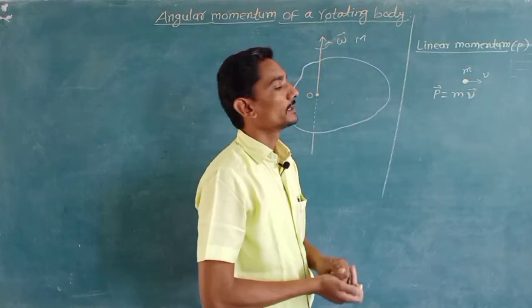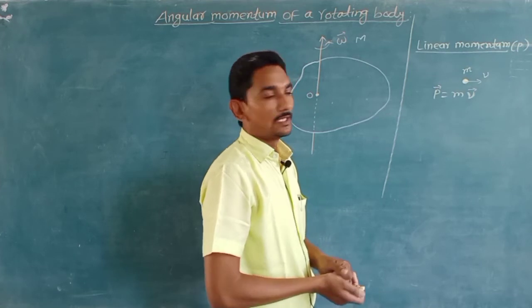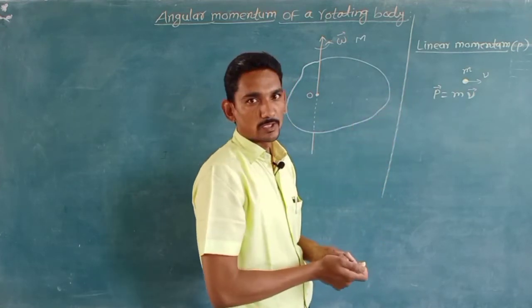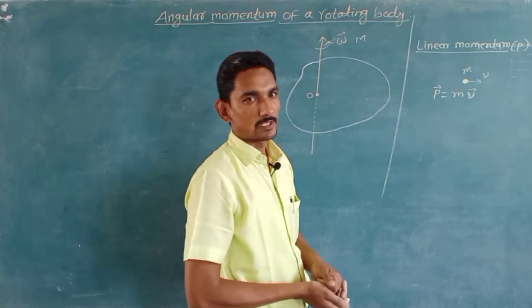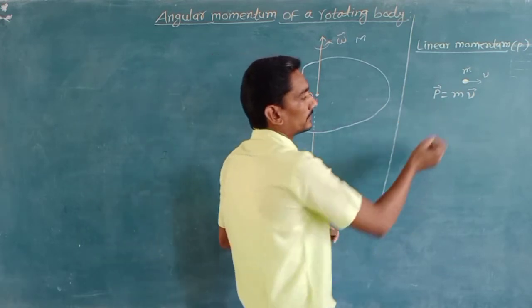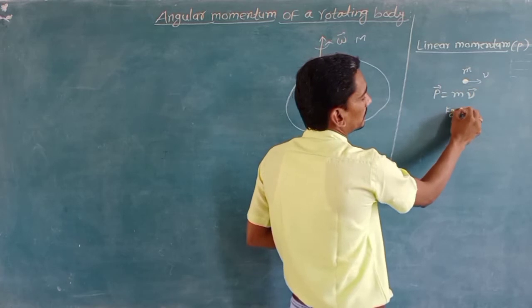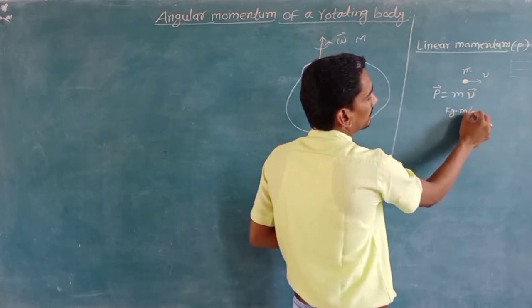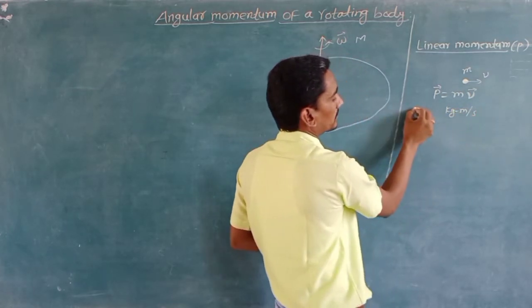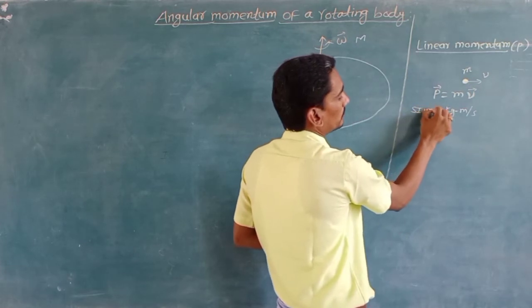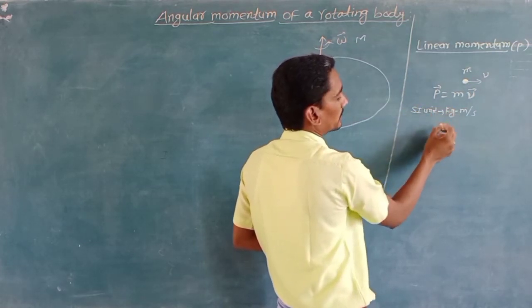In translational motion, it is the product of mass and velocity. And what is the SI unit for momentum? Mass is in kilogram, and velocity is in meter per second. So kilogram meter per second is the SI unit for linear momentum.